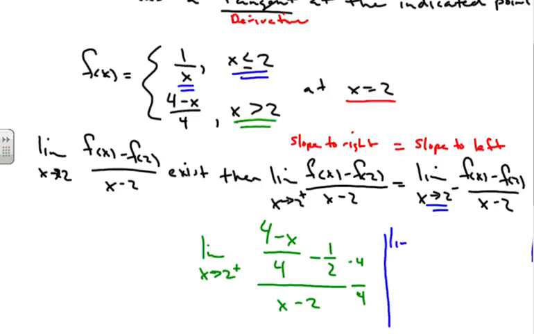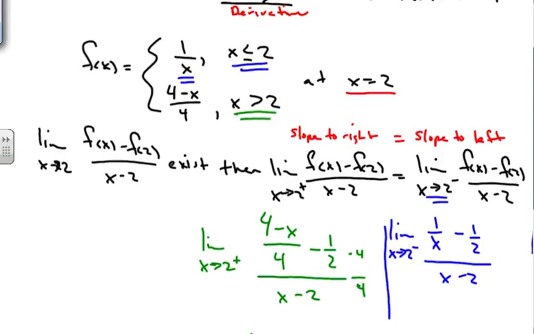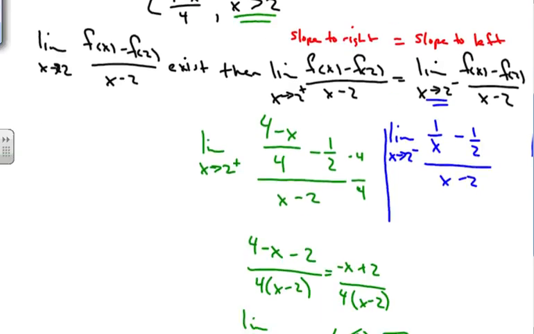We take the limit as x approaches 2 to the left of f of x, which is 1 over x in this case, minus, plug in the 2, 1/2, all over x minus 2. We get 0 over 0, so we're going to simplify this by finding a common denominator. The common denominator appears to be 2x, so we'll go 2x, 2x. What we're left with is 2 minus x over x minus 2, and then times 2x.